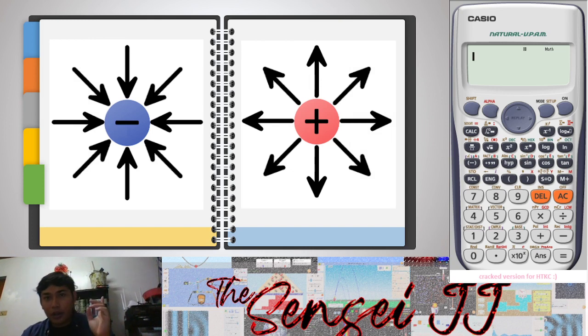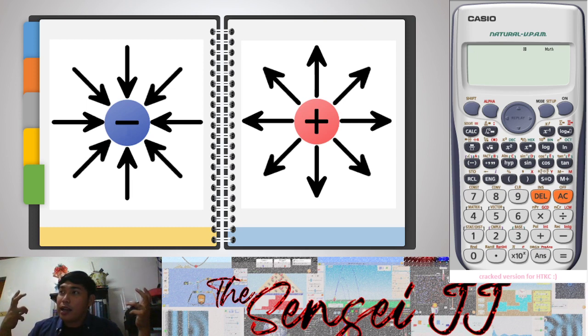Okay, so next. As you can see, we have here arrows going inside sa ating electron and arrows going out sa ating proton. So the explanation in this is what I was talking about a while ago. When you say that the electrons welcome all the protons, this is what I'm trying to say. Our electrons have the capability to receive charge, that's why our electrons have a capability to welcome the protons.